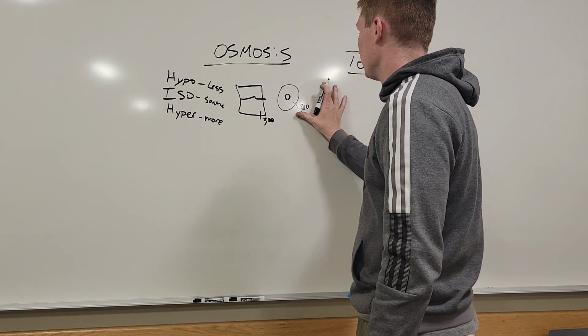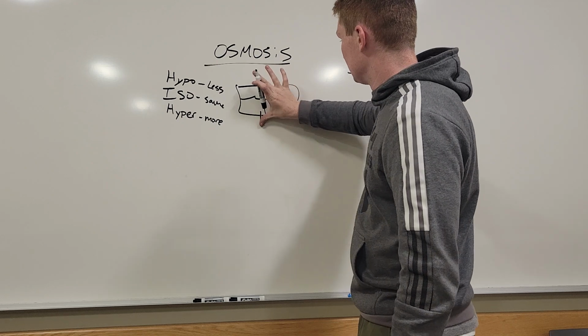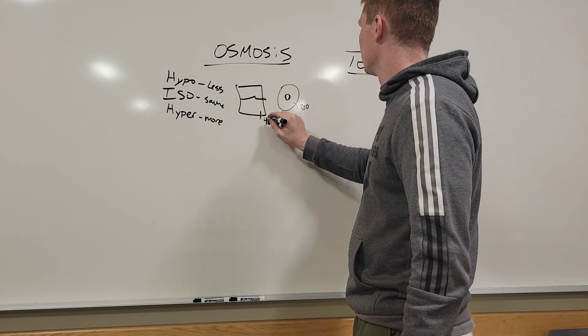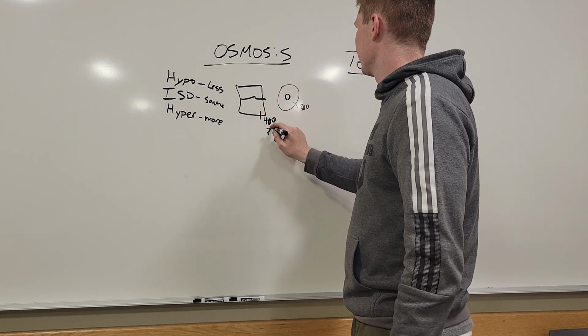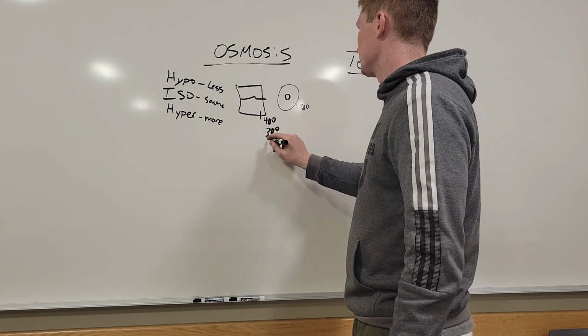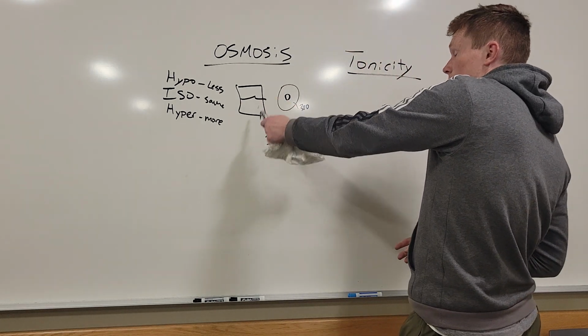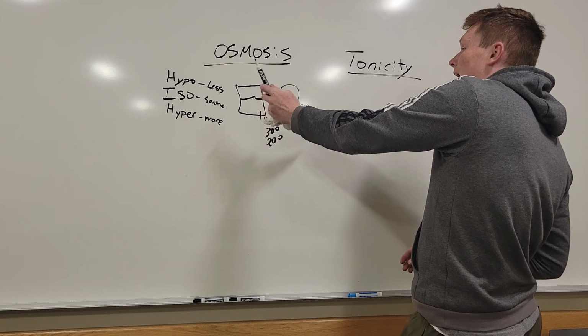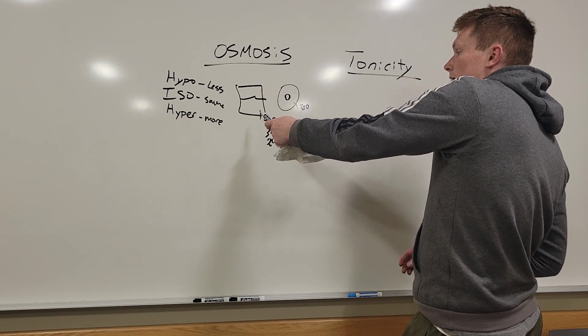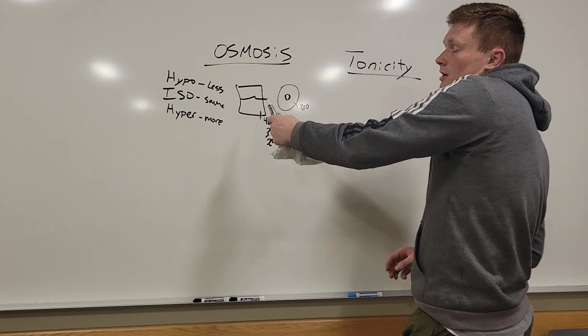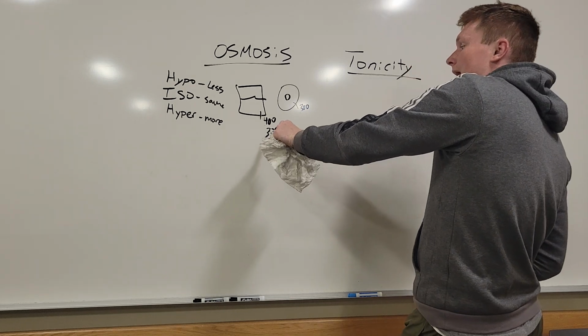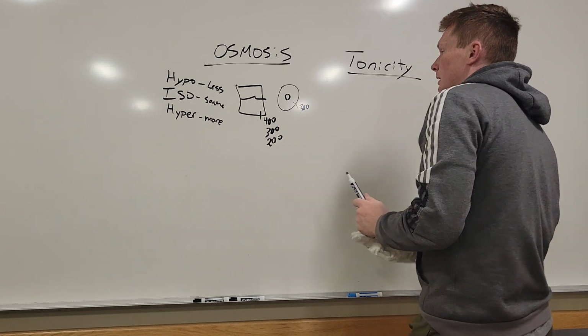Okay, so if, say, this is now 400, all right, we got 400, 300, and we'll just do 200 just because we can. Okay, this solution is hyperosmotic, right? It has more concentration. 300 iso, 200 hypo.